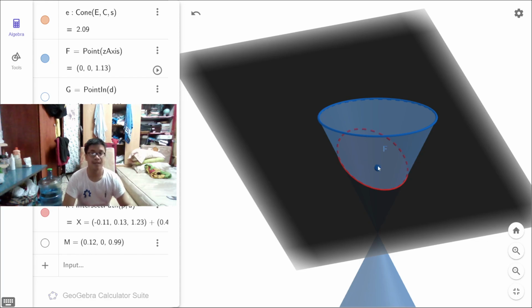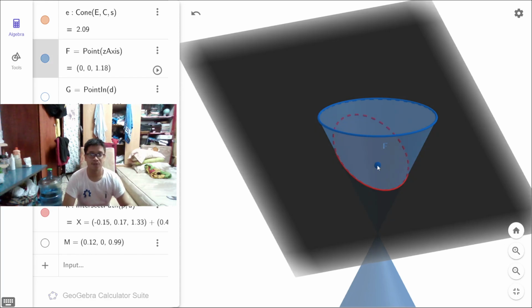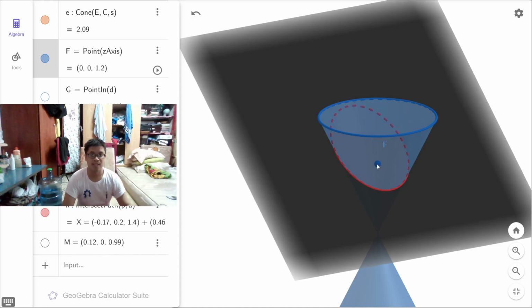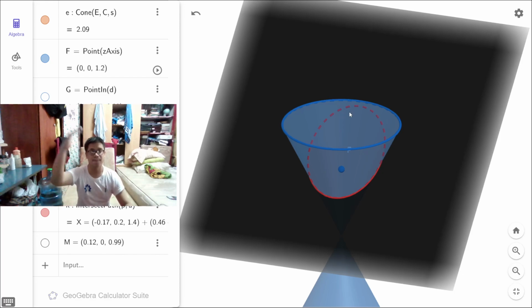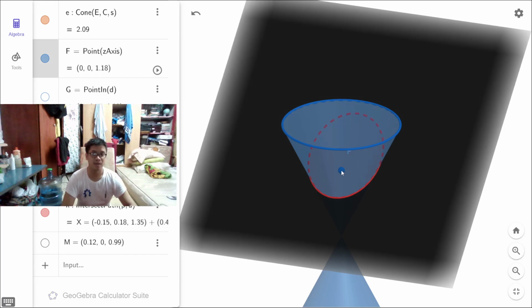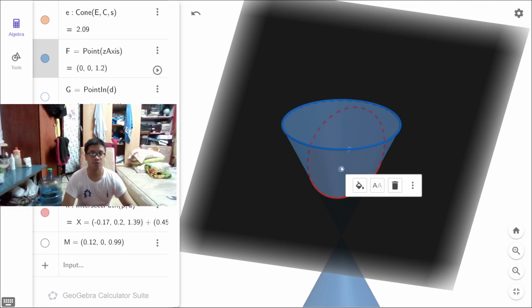All right. Now let's move it even further. Okay, it's still an ellipse, as it almost touches at this corner of the top base of the cone. It is still an ellipse. All right. Let's try to make it touch the base of the circular cone.